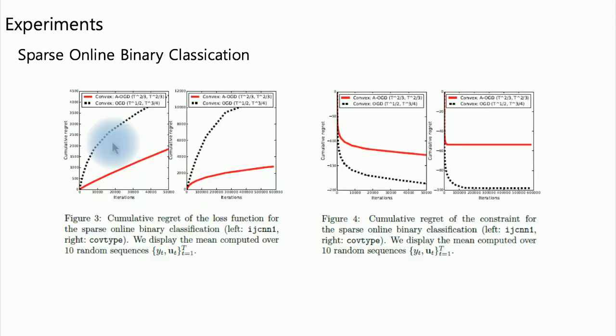The results are reported in Figure 3 and Figure 4, and represent an average of 10 random sequences y and u.